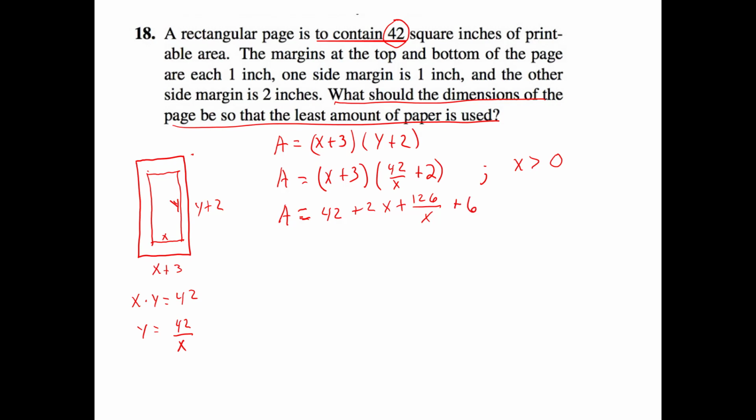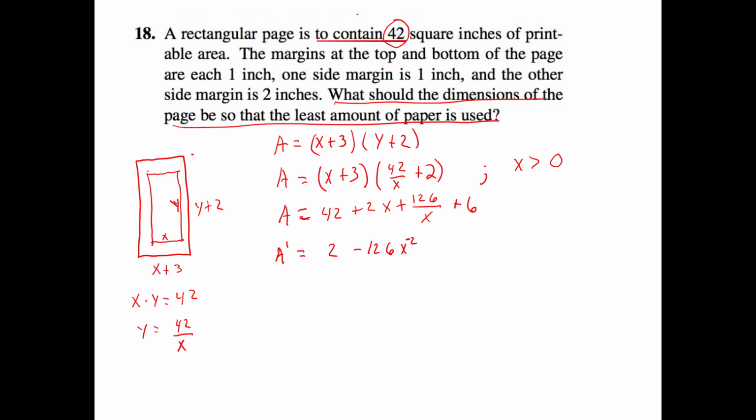We're not guaranteed to have an absolute max and an absolute min because we're not on a closed interval, but we can look at the critical points. So our first derivative: the 42 goes away, the derivative of the 2x is just 2, and the derivative of 126 over x, which is 126 x to the negative 1, will be minus 126 x to the negative 2.